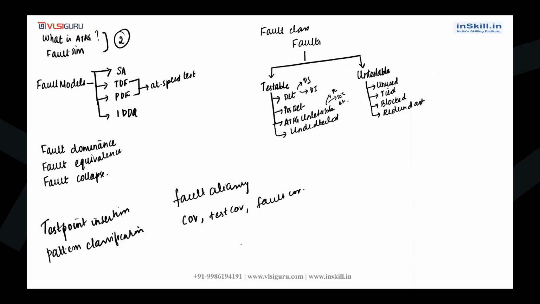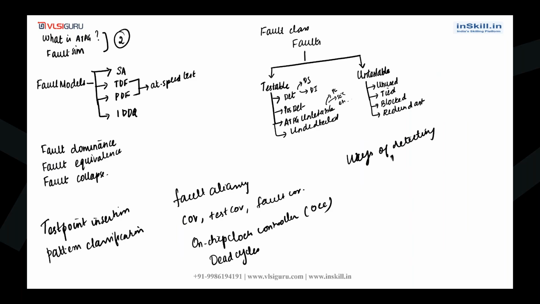Then we'll try to understand the on-chip clock controller, which is nothing but the OCC. The internal architecture of OCC we'll try to understand. Then we'll understand what are dead cycles, and the ways of detecting TDF faults, which is nothing but LOC and LOS.